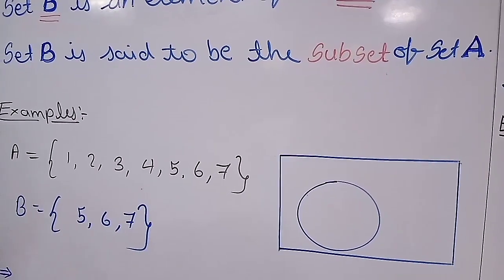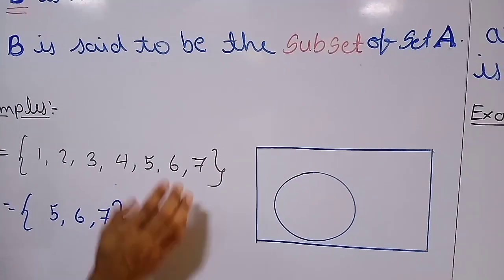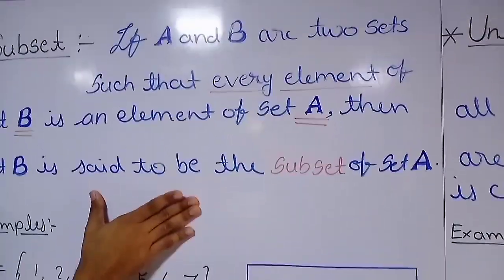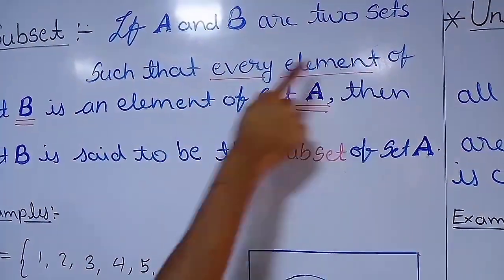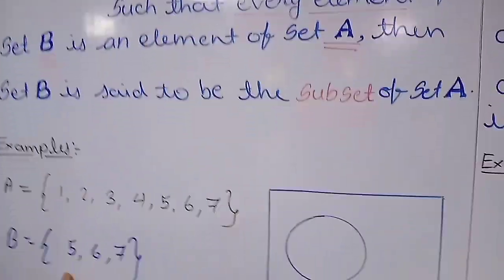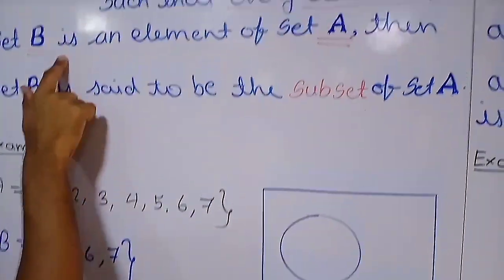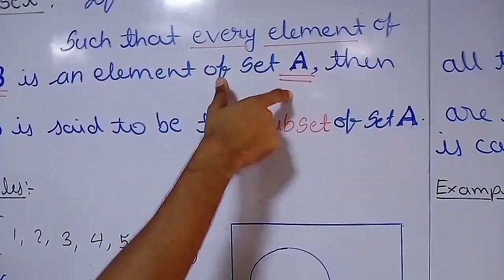Can we say this example satisfies the definition or not? In the definition we have: every element of set B is an element of set A.